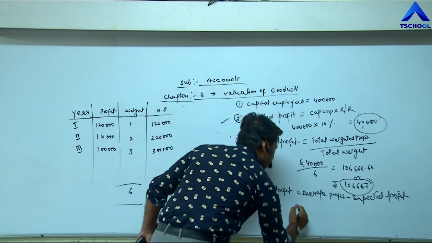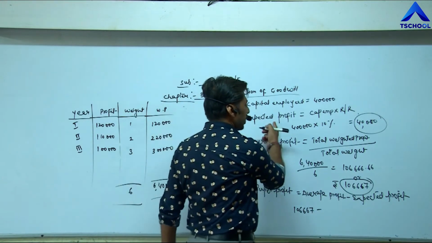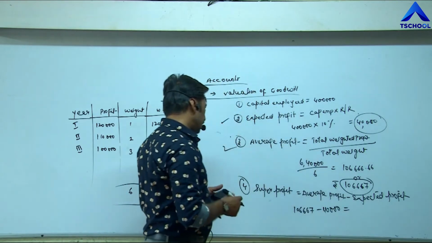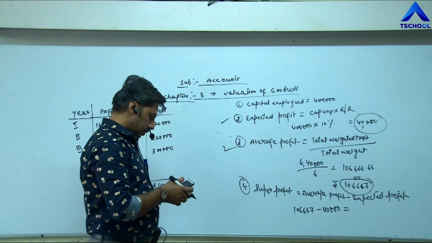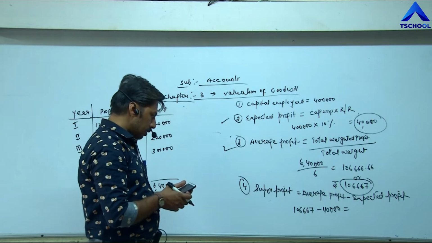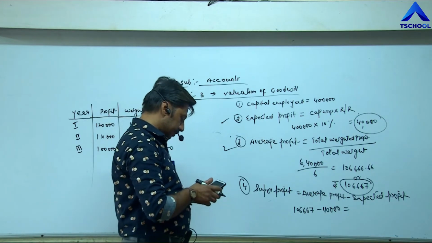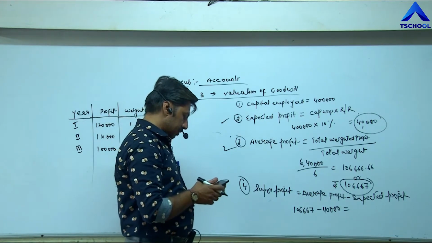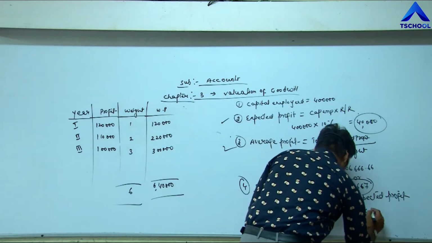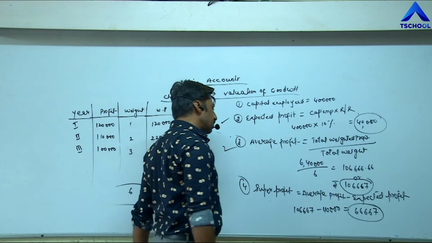Average profit is 1,06,667 minus expected profit is 40,000. So super profit is equal to 1,06,667 minus 40,000 is equal to 66,667. 66,667 rupees is the super profit.